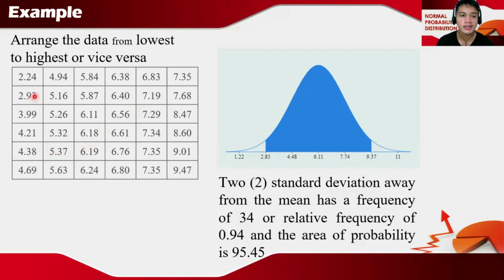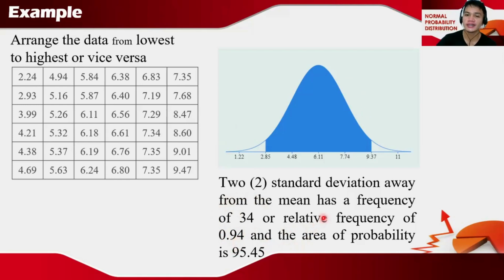So it means 2.93 to 9.01. These are the values within this range. Thus, it will give us a frequency of 34, or 0.94, or a 94% relative frequency, with an area of probability of 95.45 based on the empirical rule.